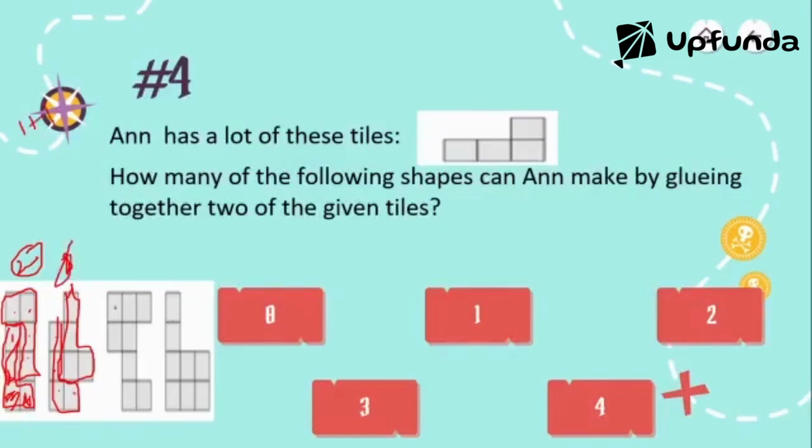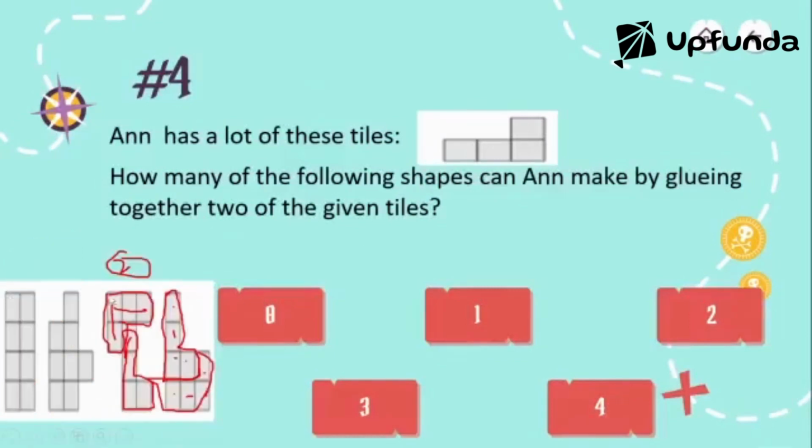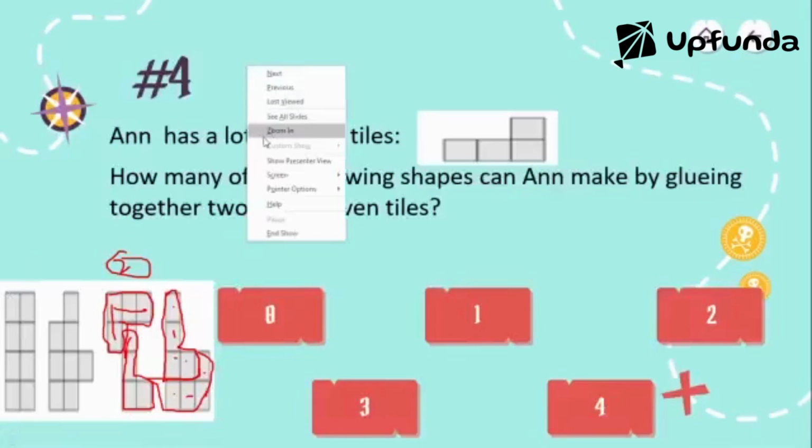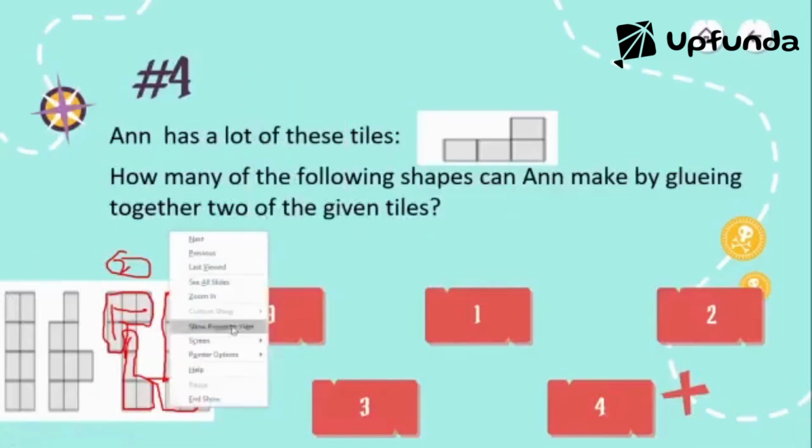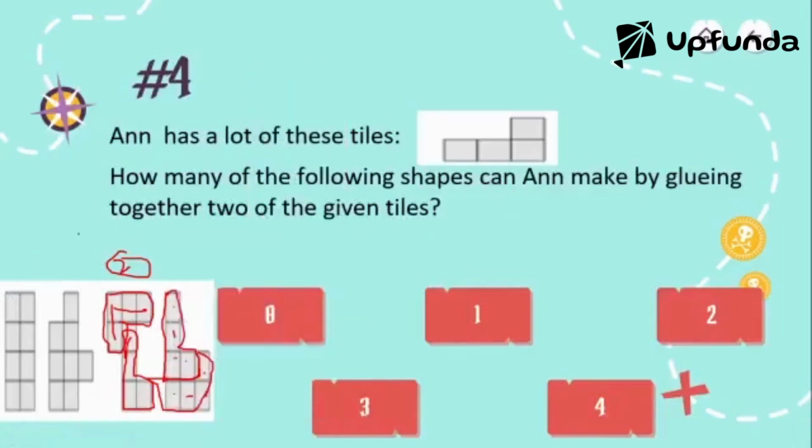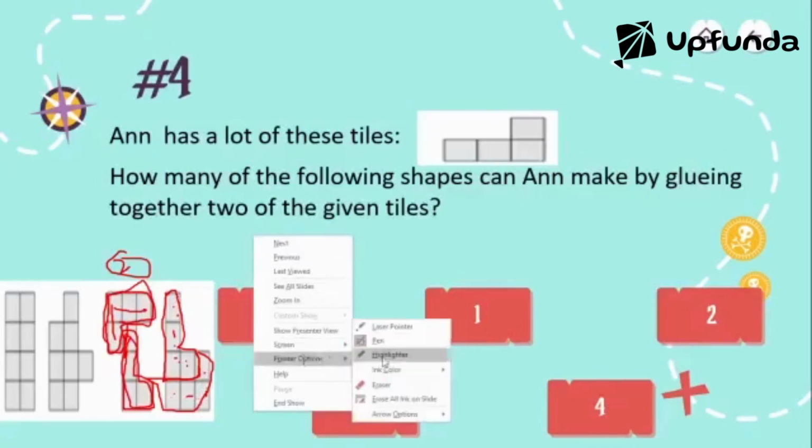Now we can also create these two shapes using this. We have this one in the L shape, and also this one in the L shape. Also this one we can create using these tiles. 1, 2, 3, 4 and 1, 2, 3, 4. So we can create all these 4 shapes using these tiles.